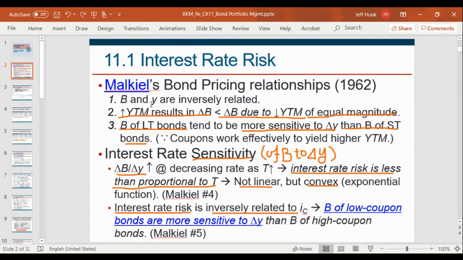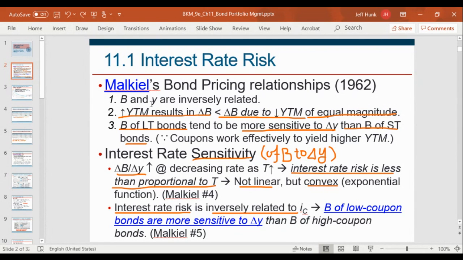So that's why yield to maturity is another name for average market return. Because when I say average market return, that means the market return specific to that risk class, right? And it's another name for market interest rate.